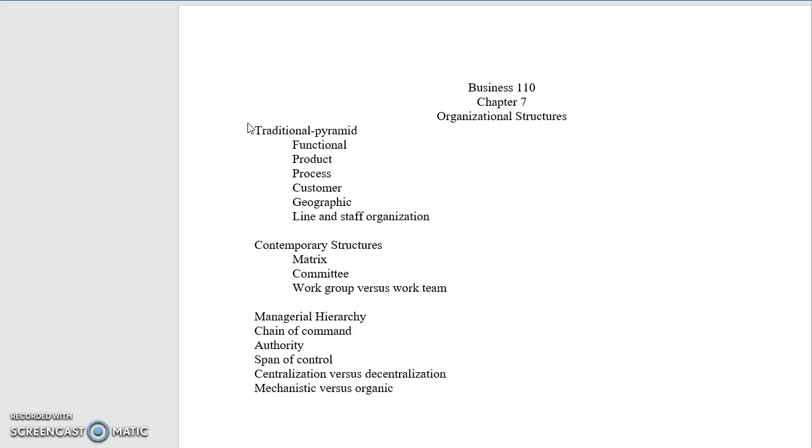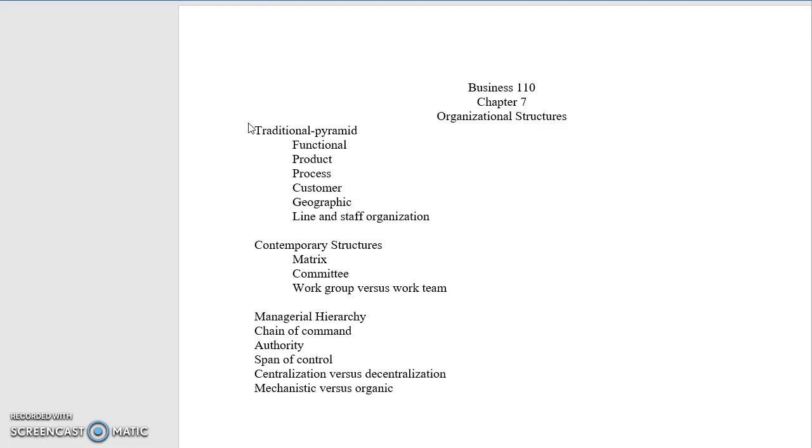Another way is by the processes. You see this a lot for like drilling, like oil. There may be obviously the CEO, and then under that might be the people that drill for the oil, the people that, what am I trying to say, when they clean it up, they make it ready, refine, that's the word, refinery.